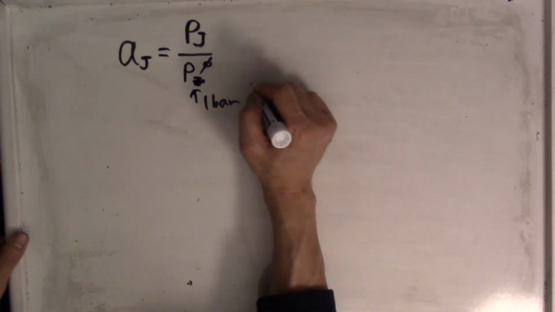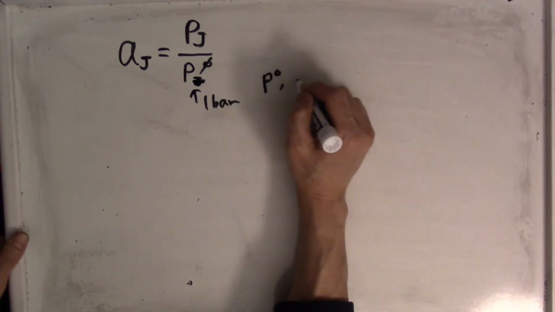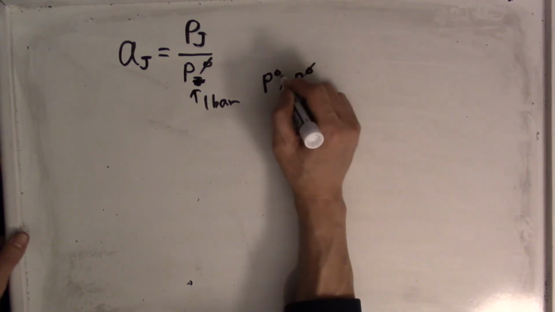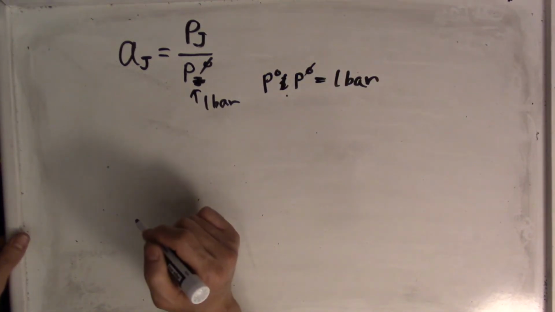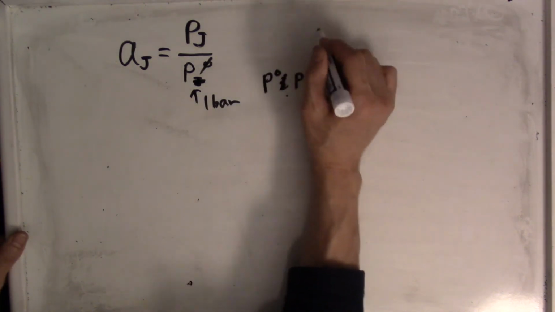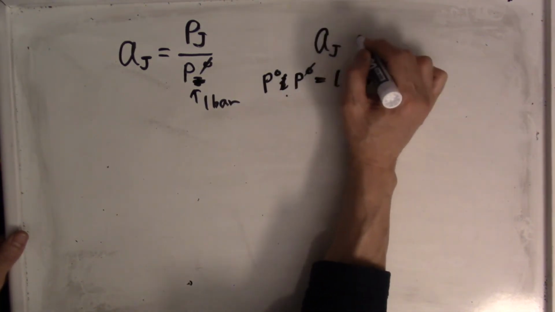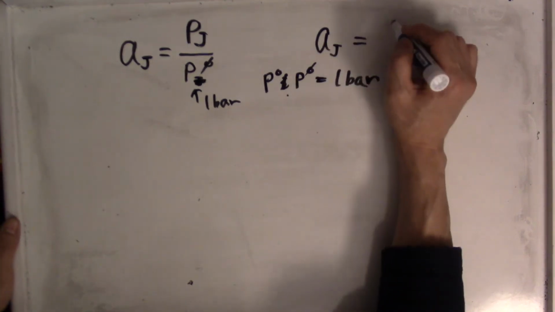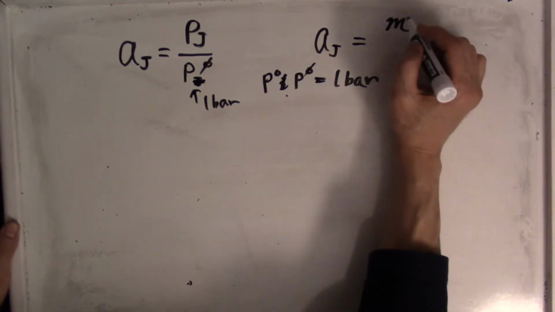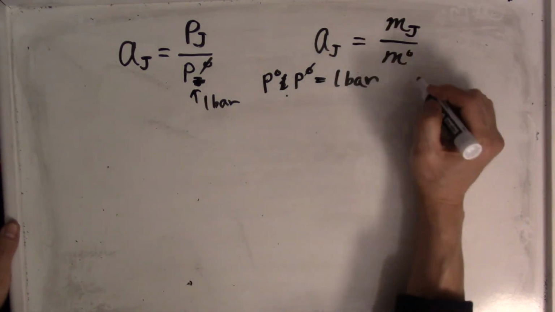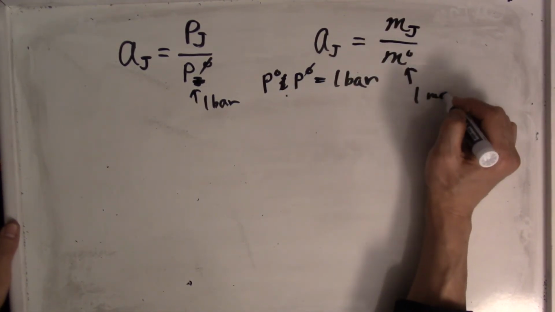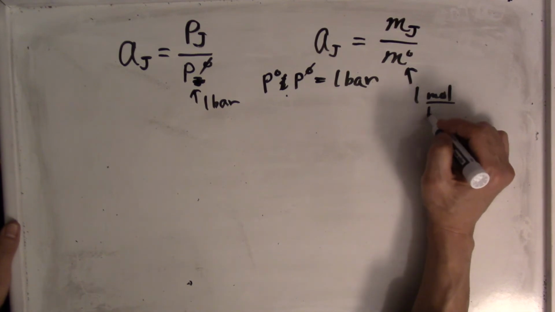So P naught just means 1 bar. So keep that in mind. It's a standard condition. Also, the activity of J we can define based on molality. So you can have the molality of species J over the standard molality, which is 1 mole per kilogram.